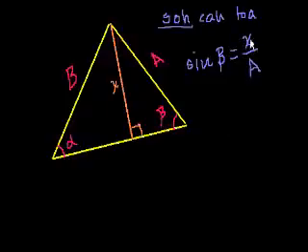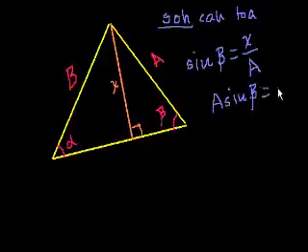And if we wanted to solve for x, and I'll do that because it'll be convenient later, we can multiply both sides of this equation by A, and you get A sine of beta is equal to x. Fair enough. That got us someplace. Now let's see if we can find a relationship between alpha, B, and x. Similarly, this is also a right triangle, and x relative to alpha is the opposite side, and B is the hypotenuse.